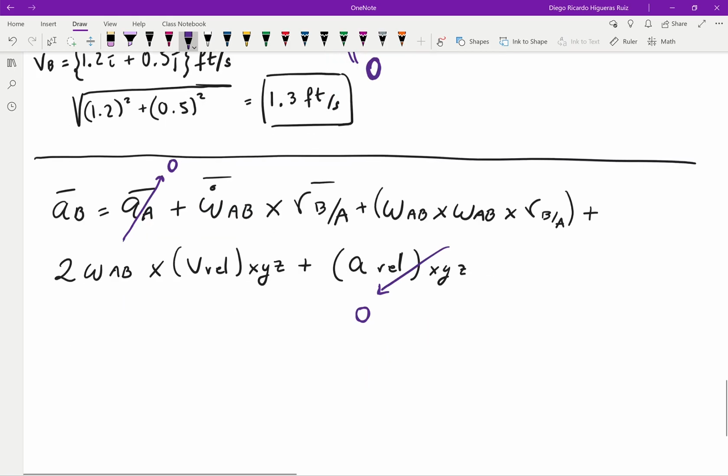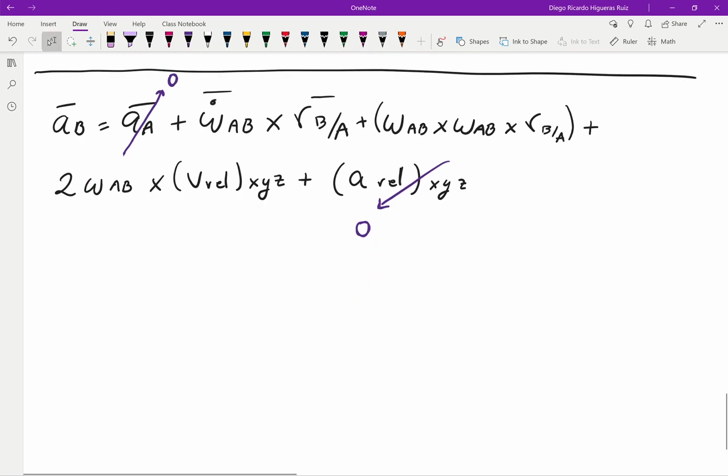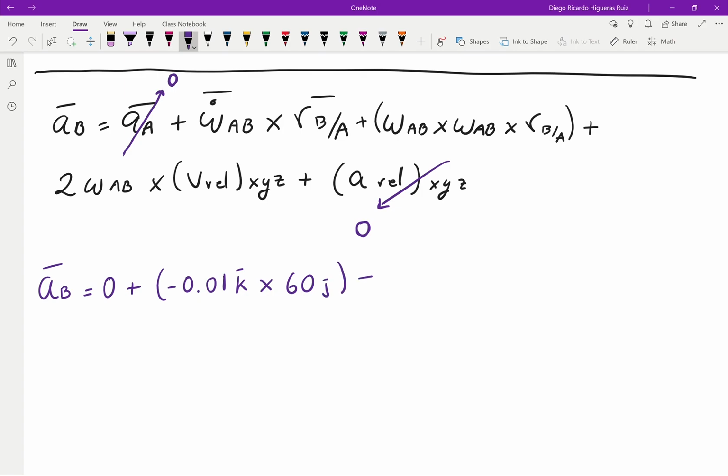So those two terms are going to be equal to 0. Then you can go ahead and do all the math here. So we have 0 plus minus 0.01 k, that's the angular acceleration, cross product with that 60 feet j, first term right there.